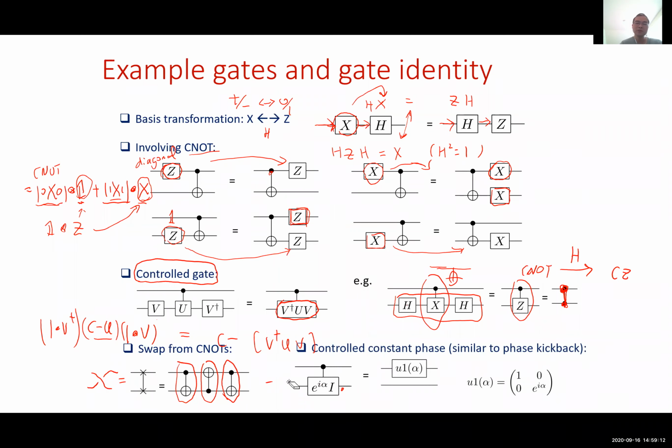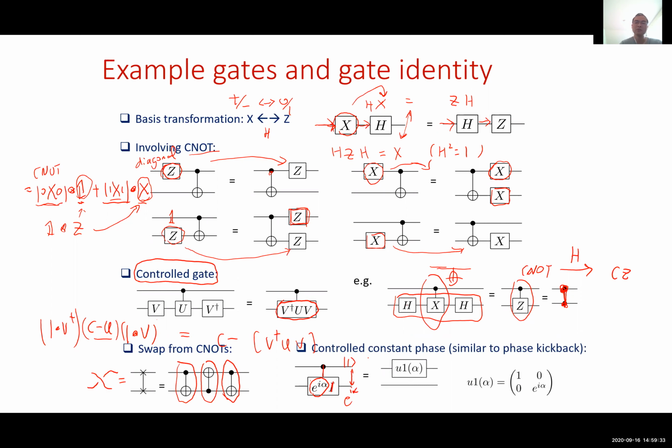One interesting one is the control constant phase. You have a control, but it's almost identity except there's a phase, meaning that if this one is 1, then a phase is applied to the second qubit.